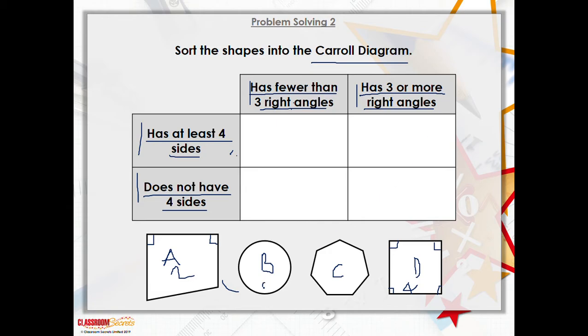Well, B has got 0 right angles, so B must go in this box. Does not have 4 sides. We've done B, brilliant. Now if we look at A, it has 2 right angles, and it has 1, 2, 3, 4 sides. Has at least 4 sides. Well, that's definitely A. Has fewer than 3 right angles. Definitely, because we've got 2. So A must go in here.